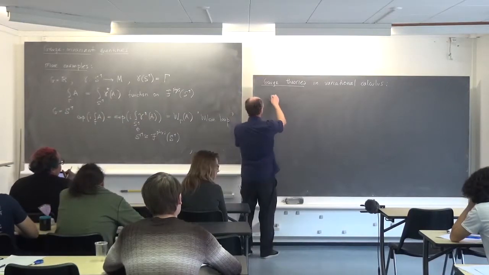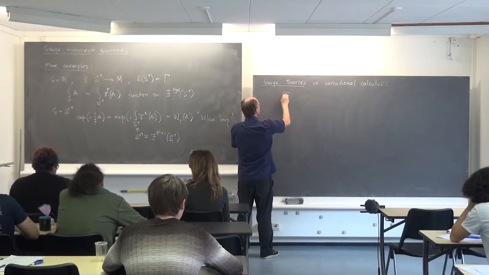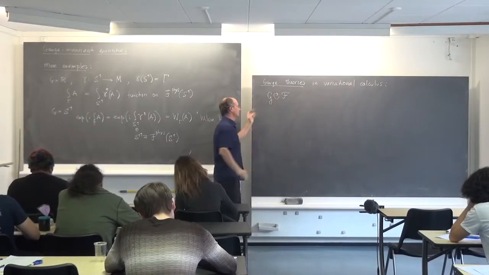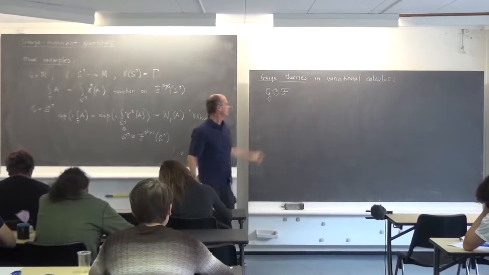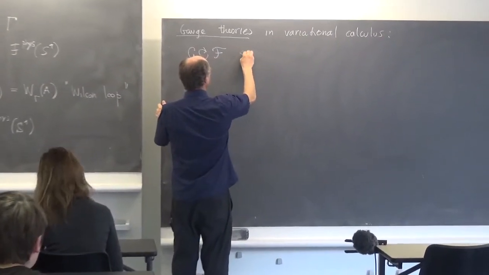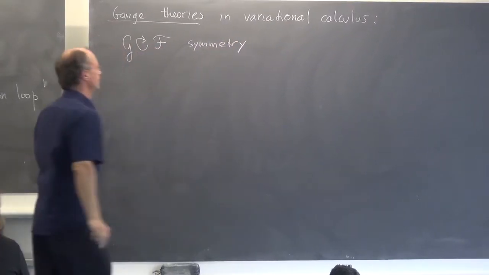So let's go back to our story. We have the space of fields, whatever it is. We have a group acting on it. Say we probably want to use gauge groups. And we say it's a symmetry.